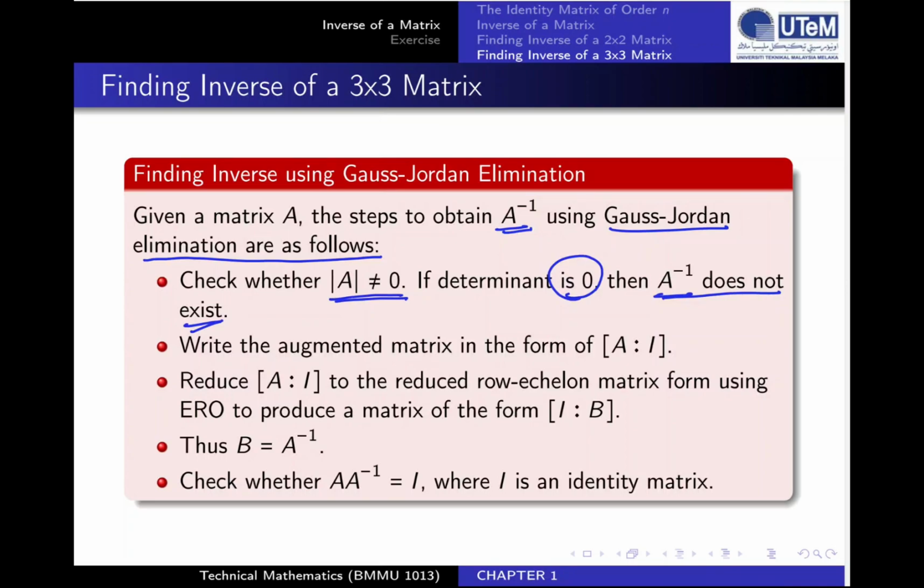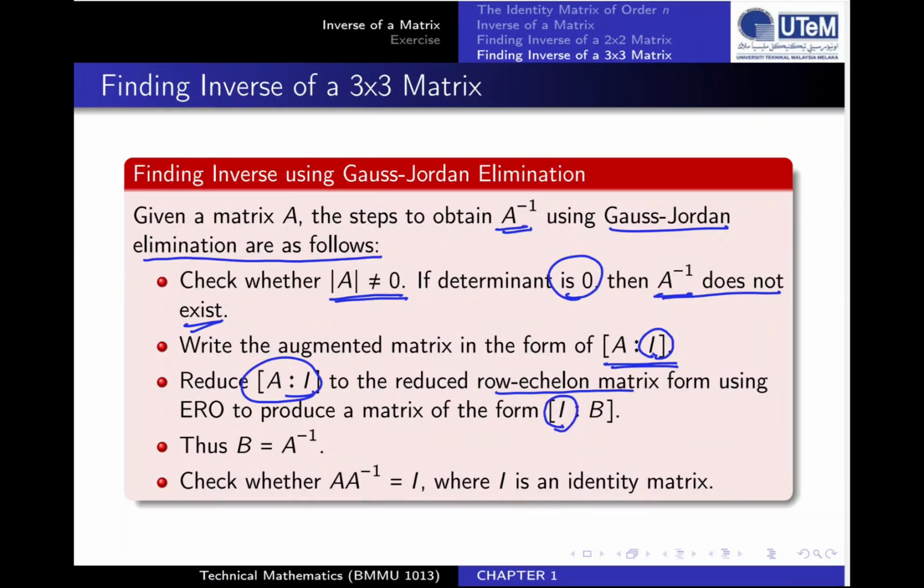Write the augmented matrix in the form A and then the identity matrix. Reduce this augmented matrix to row echelon form by using ERO, elementary row operations, to change the identity matrix on the right hand side so that it goes to the left hand side.